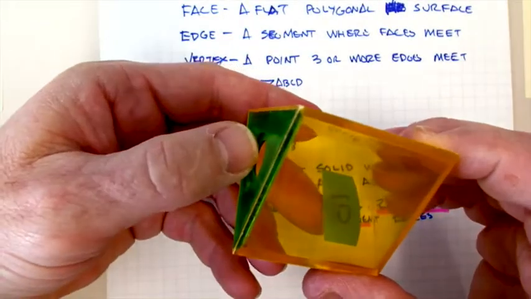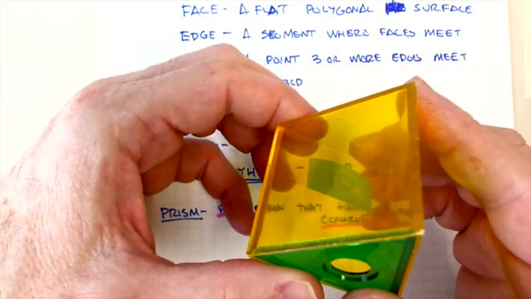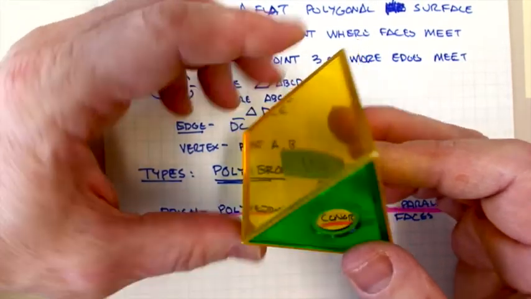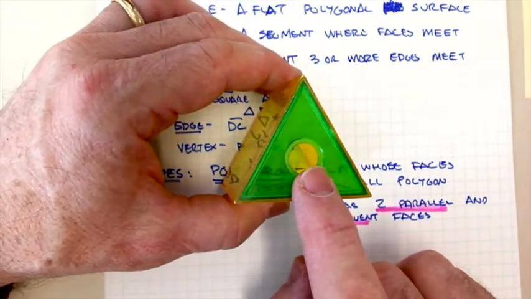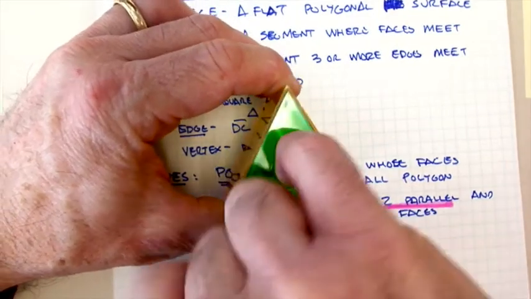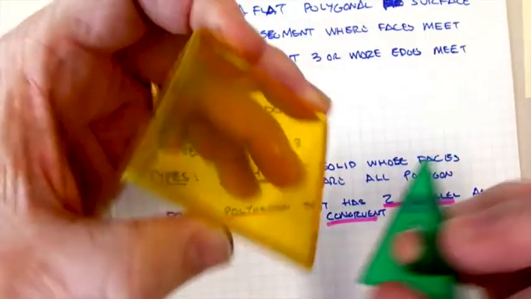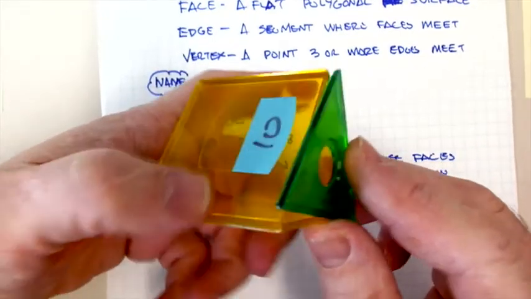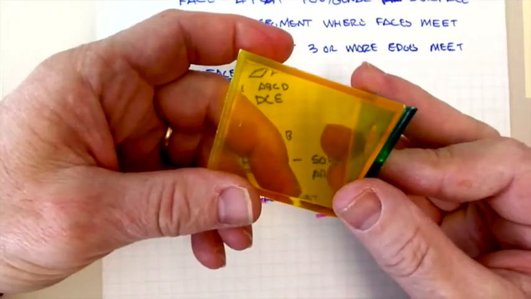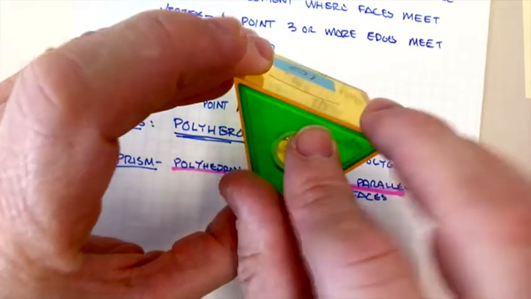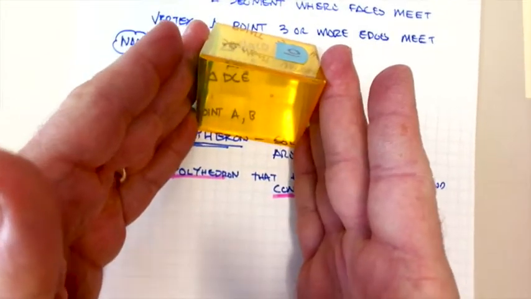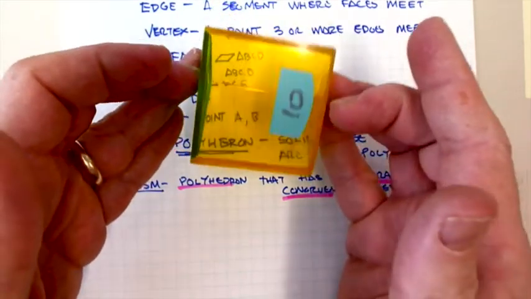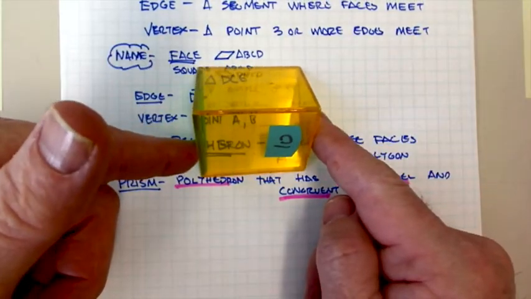So it's a familiar shape of a prism. But in geometry, the reason it's called a prism is because this triangle here is the exact shape and size, or congruent, to this triangle here. Not only are they congruent to each other, but those two triangles are parallel to each other. When you have two parallel and congruent bases, this is a prism.